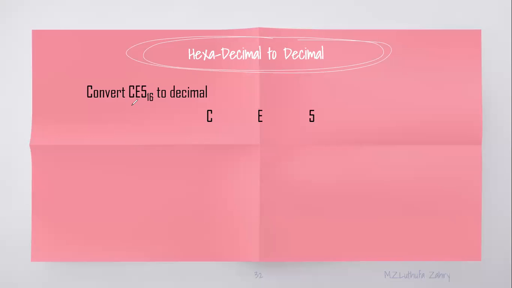So you have to convert it. It might be a little confusing as you see alphabetical letters here. First of all, put the weighting factors: 16 to the power 0, 16 to the power 1, and 16 to the power 2. Don't get confused. This C in decimal is 12, right?